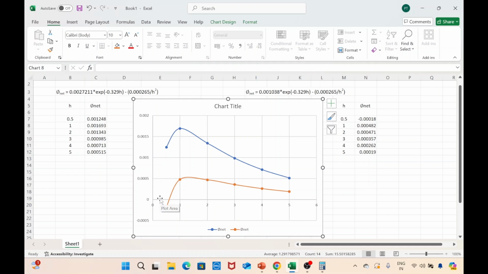If you do this for other smaller values, you can have more data points and get the curve. Based on this curve, what you can observe is that with the increase in the surface potential, the energy barrier, that is this data point, is going to increase.